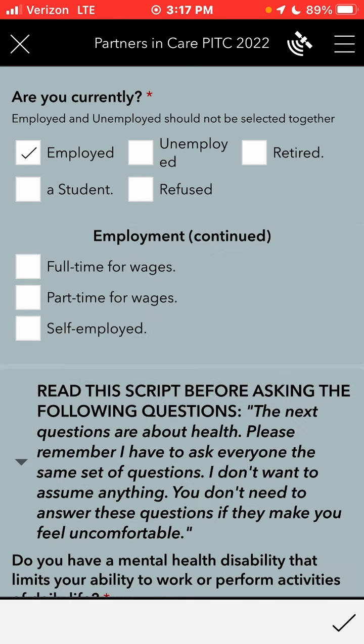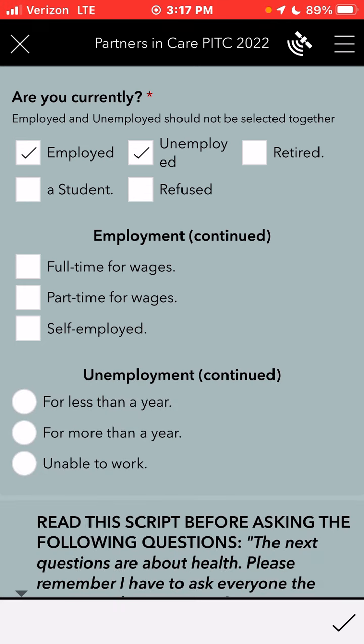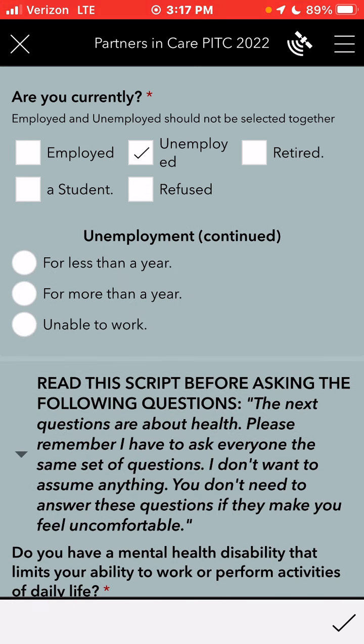If you press employed, a drop-down pops up and asks if it is full-time for wages, part-time for wages, or self-employed. If you press unemployed, it will ask for less than a year, for more than a year, or unable to work. So I've checked unemployed, but I can also check that I'm a student. So both can be there.